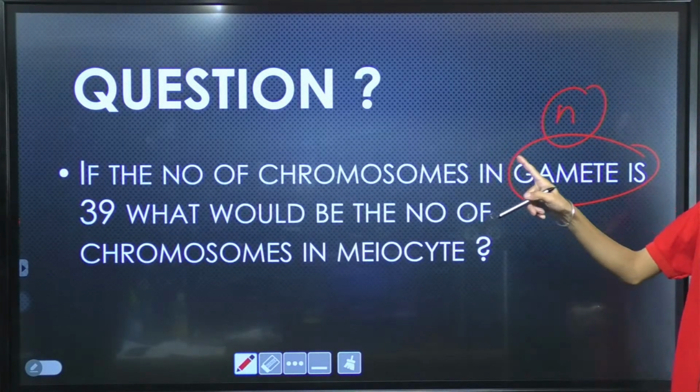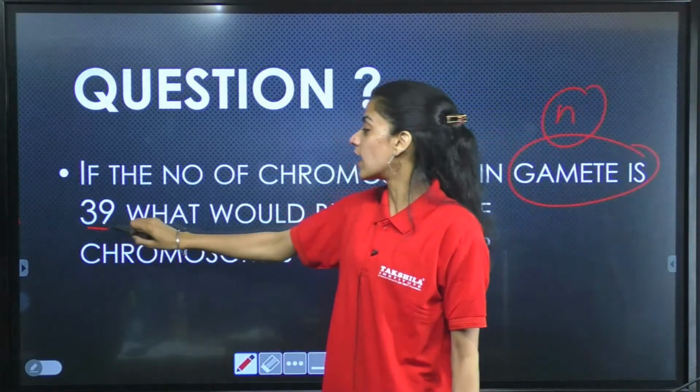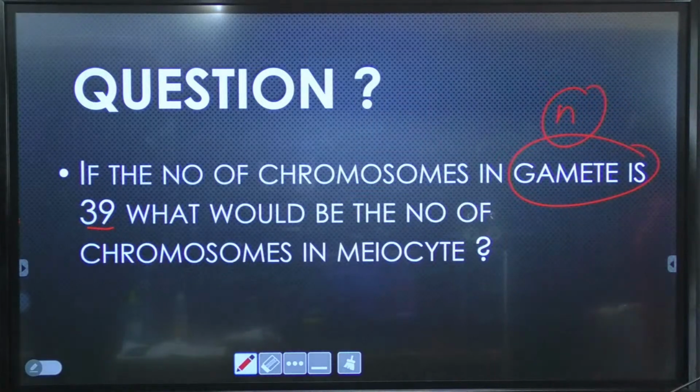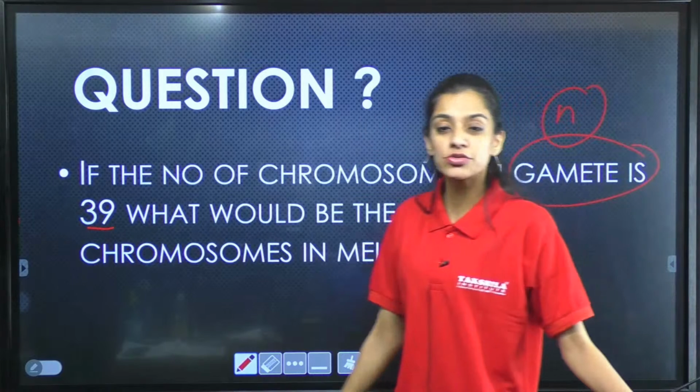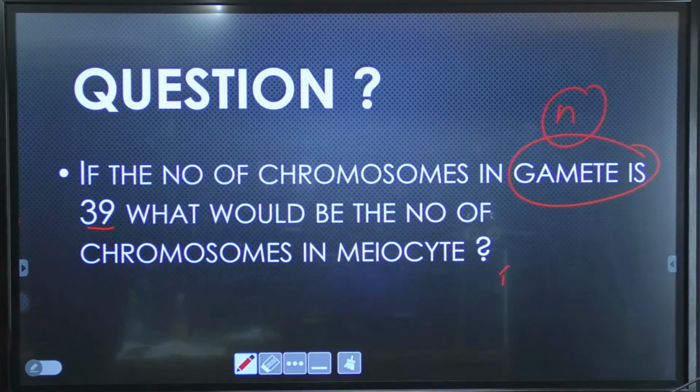So it says if the number of chromosomes in gametes is 39, what would be the number of chromosomes in the meiocyte? Get me an answer to this, quick, one minute. What would be the answer to it?